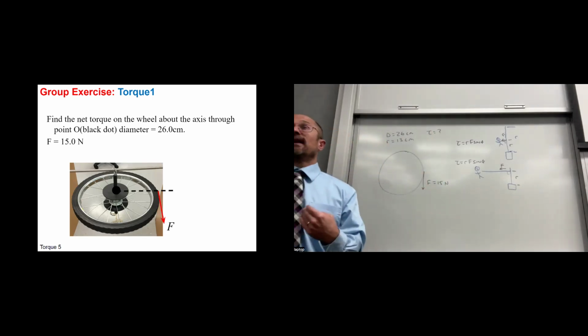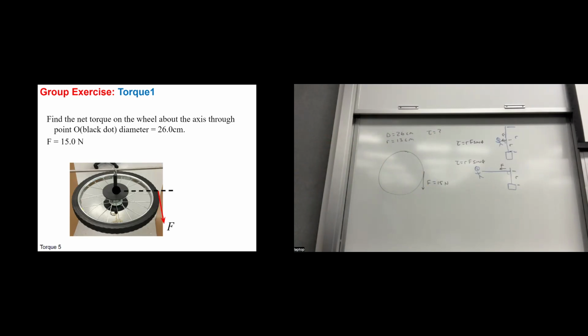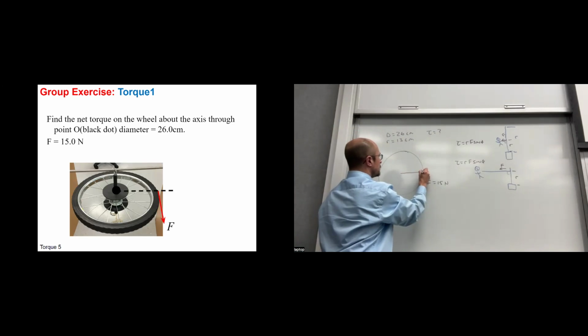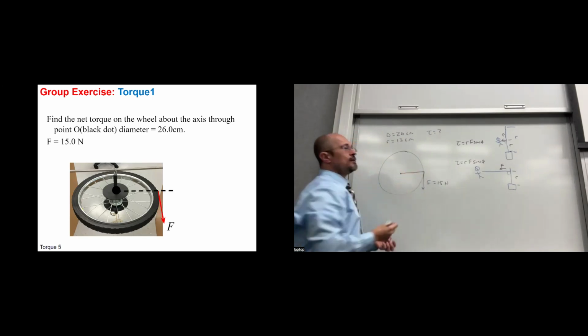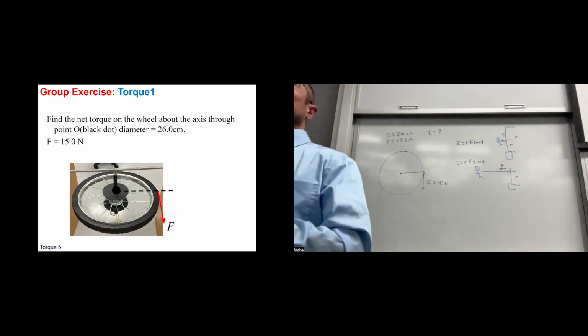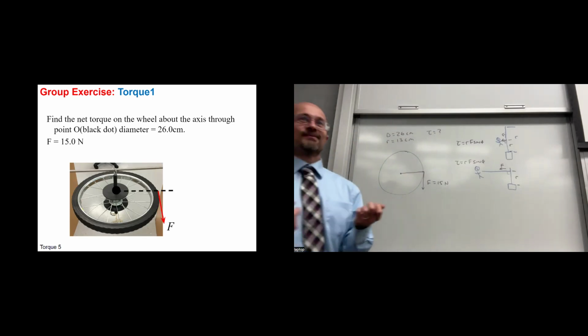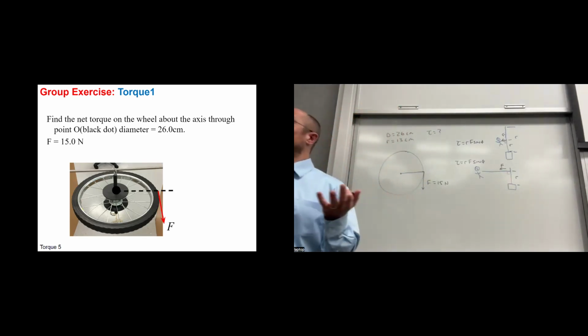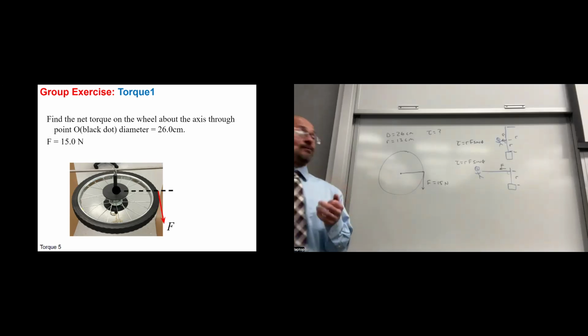Now, there are a few things that we have to talk about related to wheels. You've never thought this much about a wheel before. So a wheel rotates about what point in the wheel? It's obvious, but it's the axis, the center of the wheel.